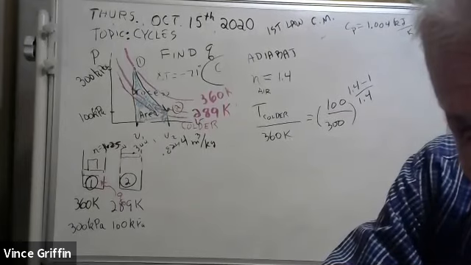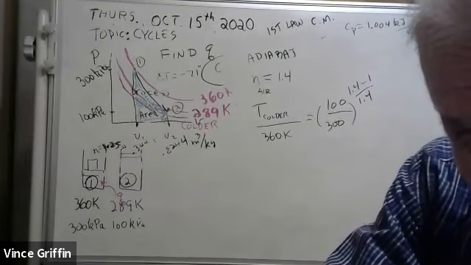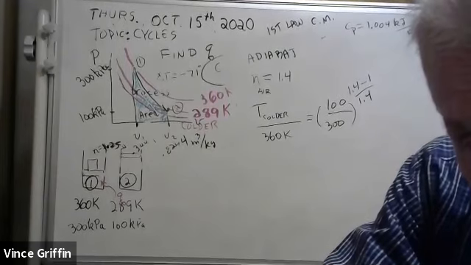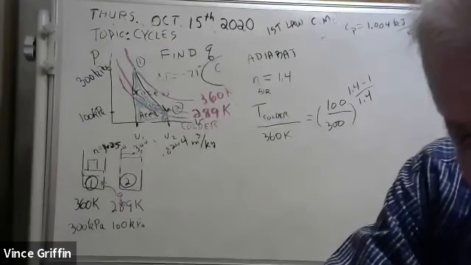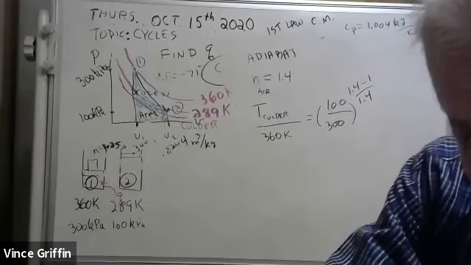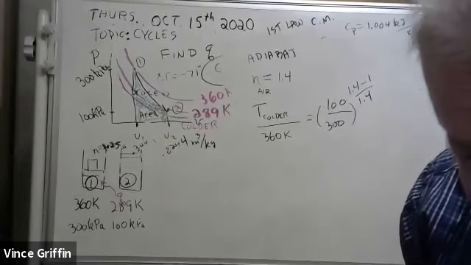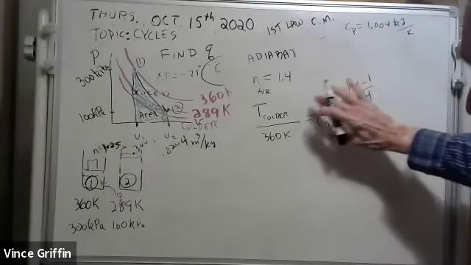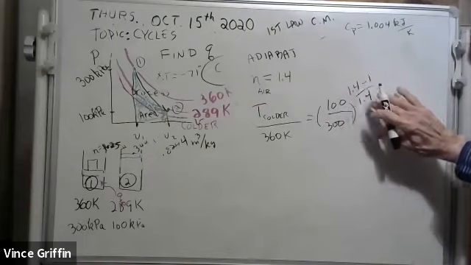Now let me go back to Reagan. Reagan was having a little trouble with this. Reagan, unmute and say hello, please. Hello. You were having a little trouble with this equation earlier. Of course, we had different numbers here. Can you get it this time?